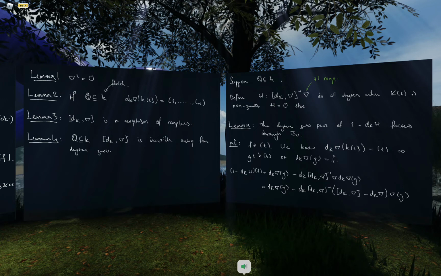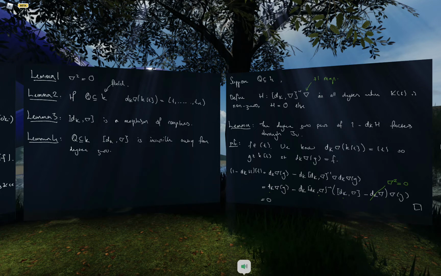Okay, now this term goes away because nabla squared is 0. And so this and this obviously cancel out to be the identity. And then we are left with dk nabla of g minus dk nabla of g. And we end up with 0, right? So that proves that.